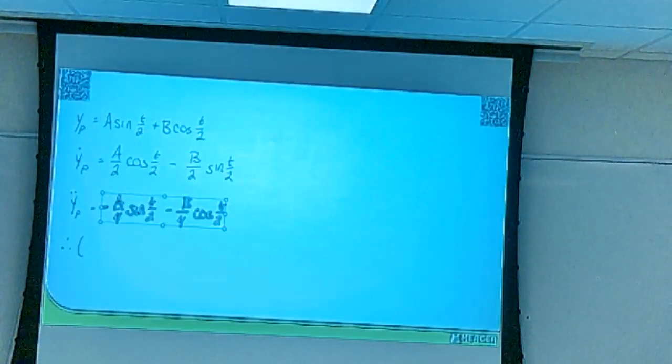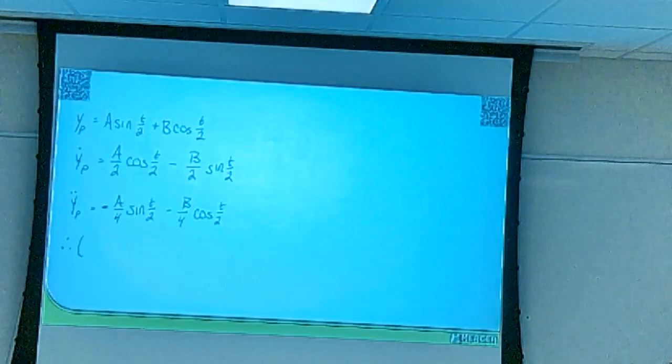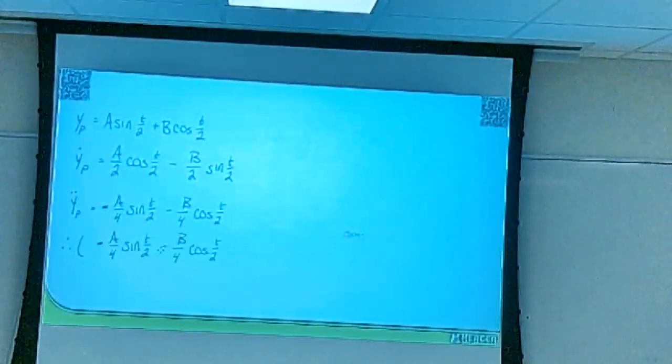For some reason, my touch isn't working. Why is my touch not working? That's not good. Oh, that's annoying. Then I'll just copy it as a picture.